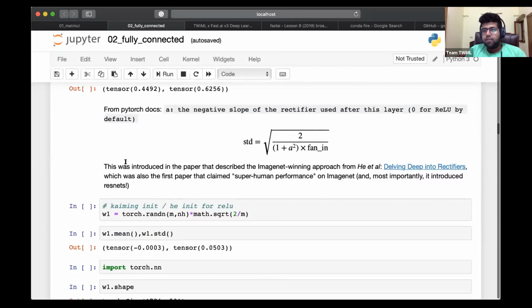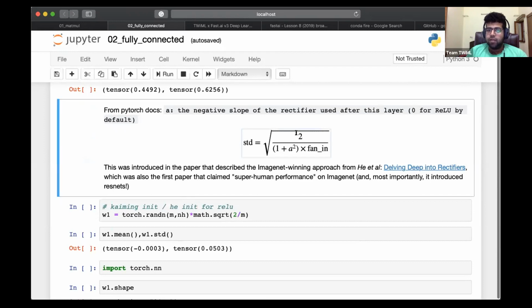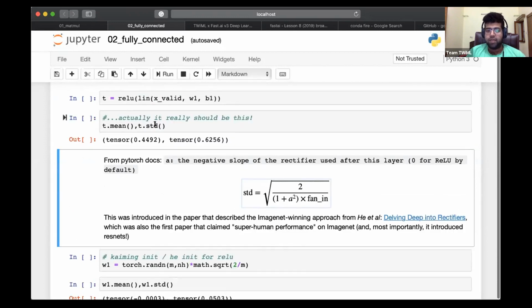Another thing that was mentioned in the Kaiming He paper was because they were the first to use ReLU, you would have to include this 2 while taking the standard deviation. So 2 divided by the square root of your inputs. That was the neat trick to making sure that your standard deviation is in order, which is what was shown here, that it's not as we expect it to be.